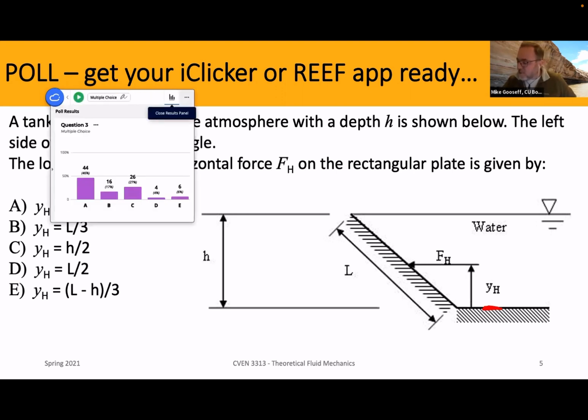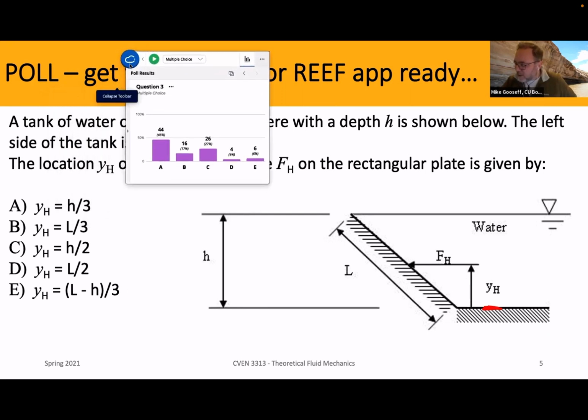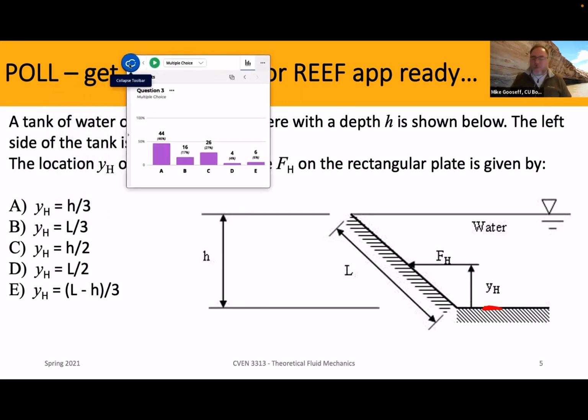All right, so, sorry, let me move that a little bit. Okay, so the highest voting was for A. We had 44 votes. B had 16 votes. C had 26 votes. D had 4, and E had 6. So we can go ahead and eliminate D and E. And part of the reason with D, of course, is that the pressure will change along this face, but only as a function of depth.